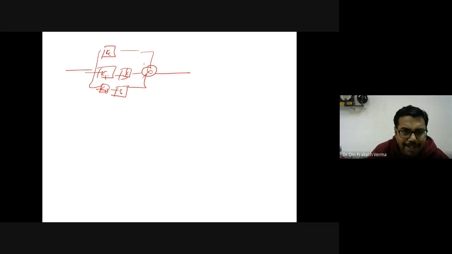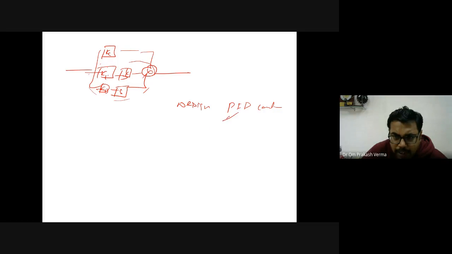Yes, we have neglected this value for some while, but our ultimate goal is to calculate or design the PID controller. Okay, and for the PID controller, we have to tune the values of Kc, Ki, Kd.